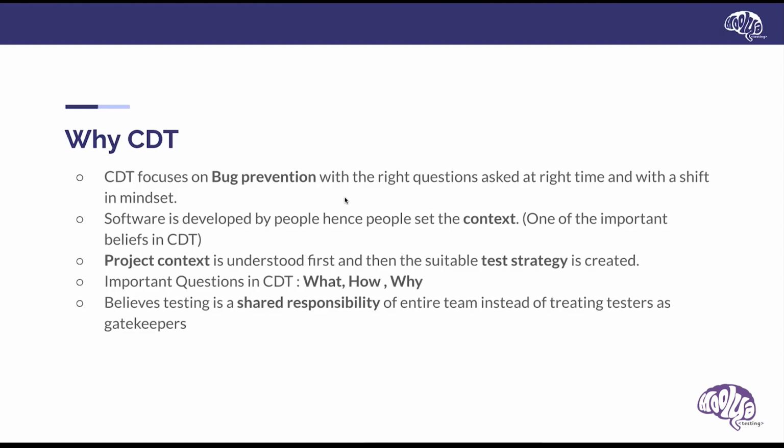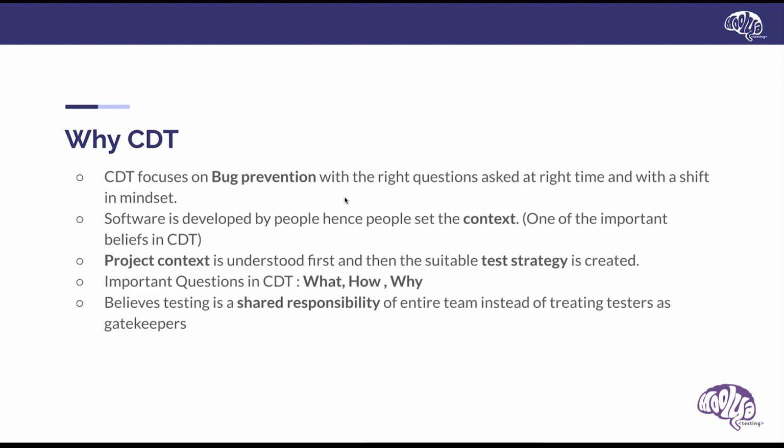A context-driven tester understands that project A has a different set of people, project B has a different set of people, and the set of people are not the same, hence the context that they will set would be different. Now, if the context is different, the software developed in both the teams would be different, right?